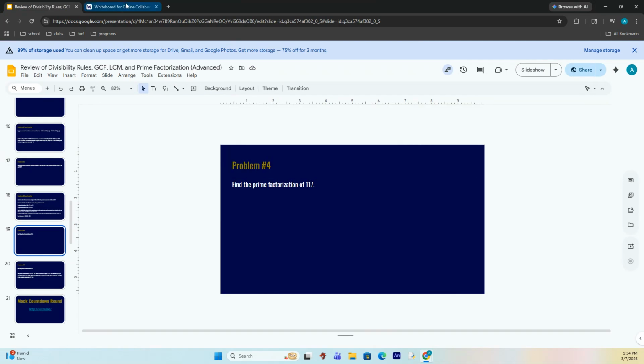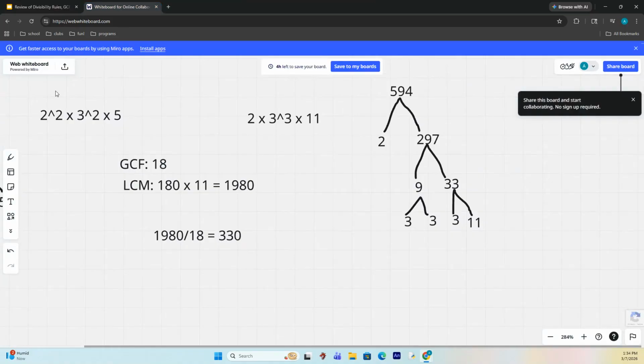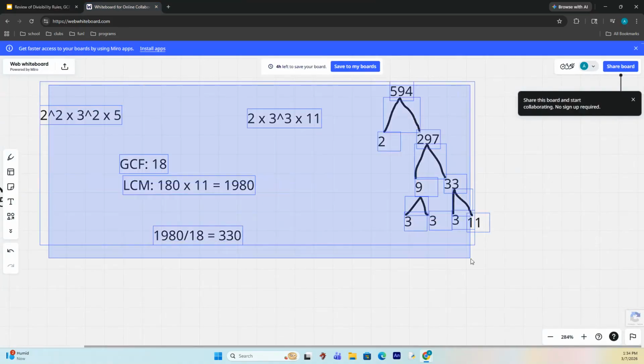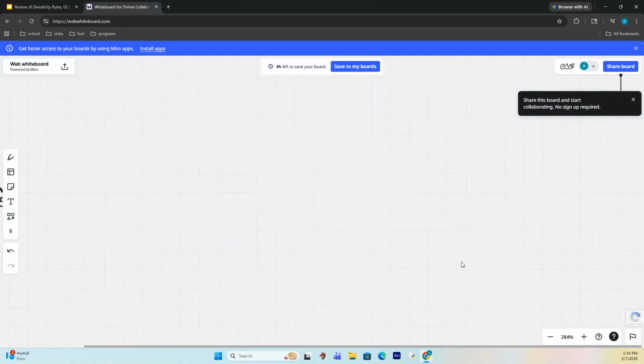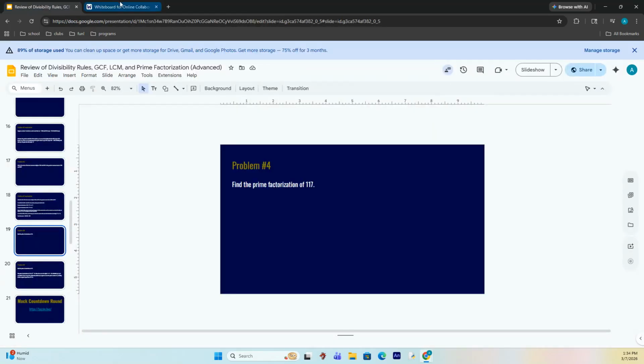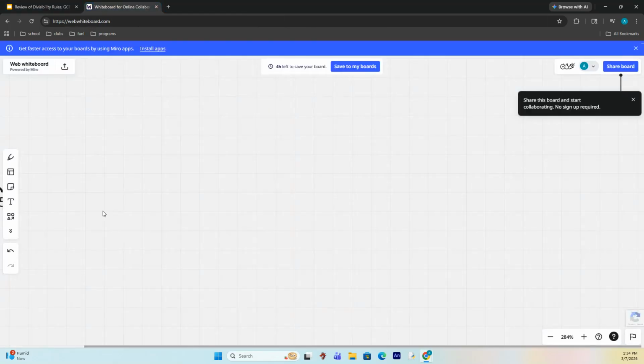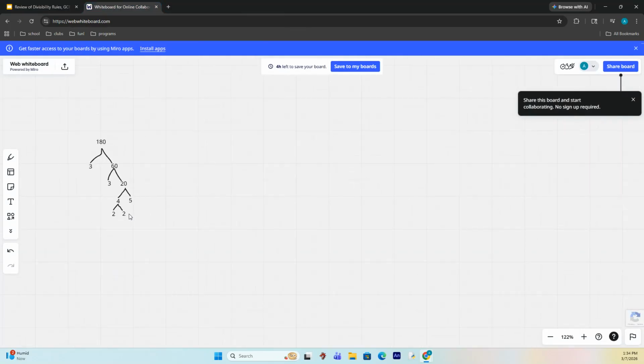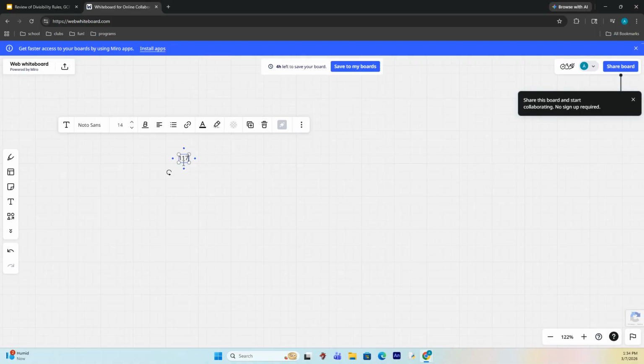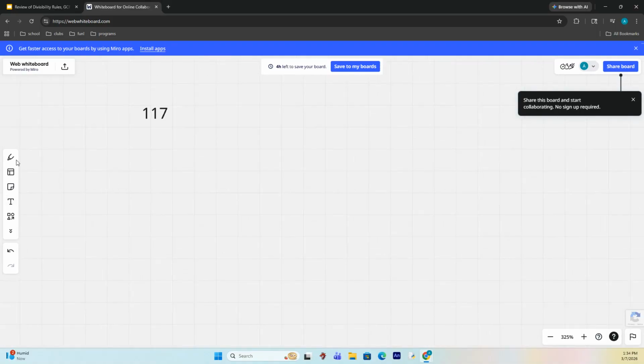Next up, the prime factorization of 117. This one is going to be a lot more simple compared to what we've been doing this entire time. So we're going to take 117, and nothing looks immediately divisible. We don't see any even numbers, or any divisible by 5. So we're going to be adding, and 1 plus 1 plus 7 gives you 9.